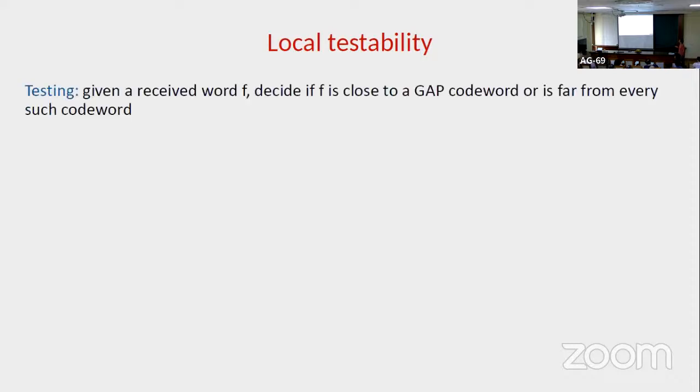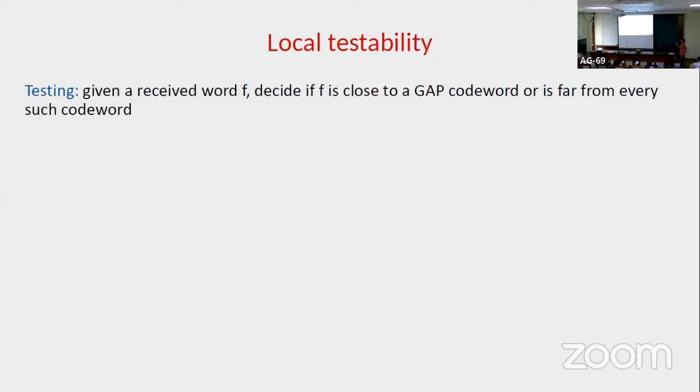Okay, so I mentioned this local structure mysteriously earlier. Let me say what that means. This is this notion of a code being locally testable. What that really means is the kind of question we want to understand is the following. Suppose we are given a received word, so we're given a word F, and the goal is to decide if F is close to a codeword from your favorite code or is it really far from it. Again, close and far in Hamming distance.